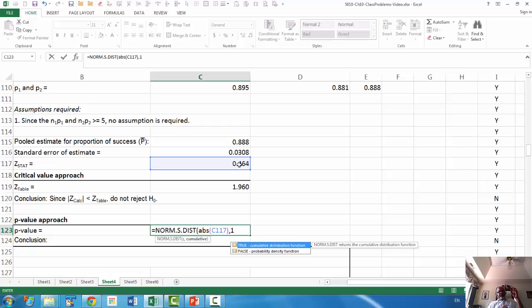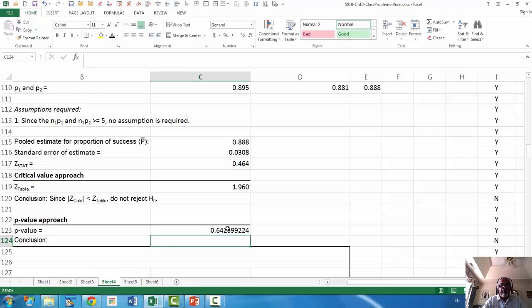If we did that, then it will give you the cumulative area for a positive z. But what we want is the tail area, and since it's a two-tailed test, we have to multiply that tail area by 2. So what we need to do is to go 1 minus that cumulative area. So that will give us the tail area on the upper side, and then you have to multiply by 2 to make that into a true p-value. So that includes both the tails.